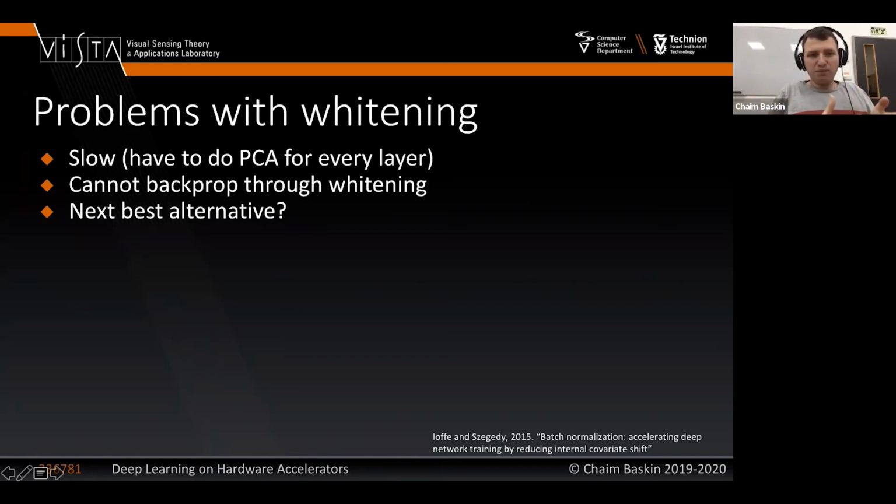It's slow because we have to do PCA in the whitening process. The other problem is that we cannot backprop through the whitening because it's not tractable. So fixing covariate shift by whitening is problematic.